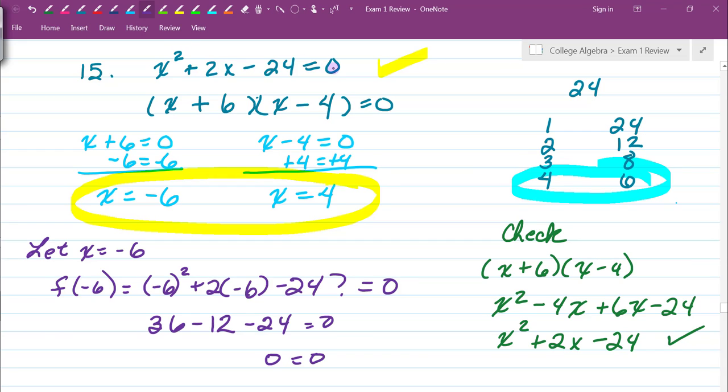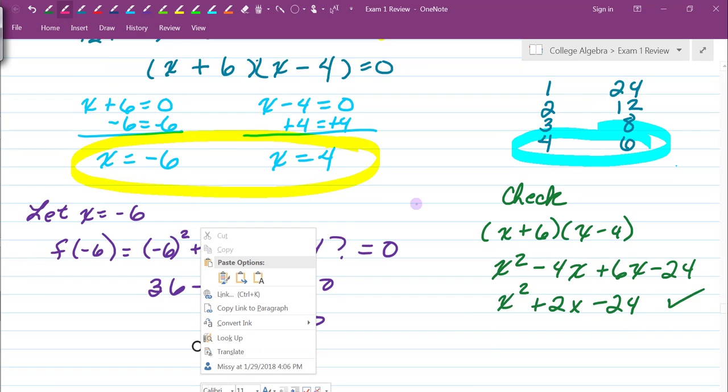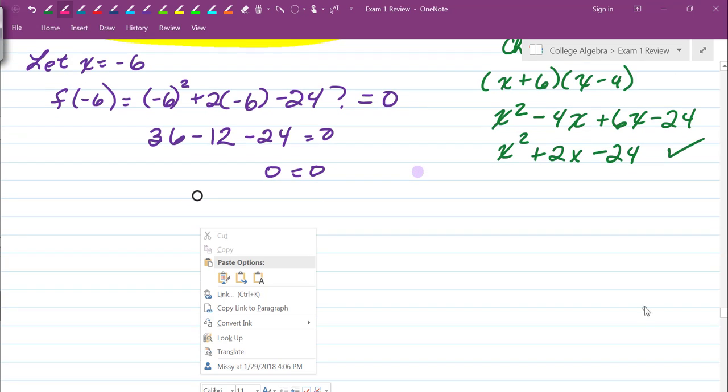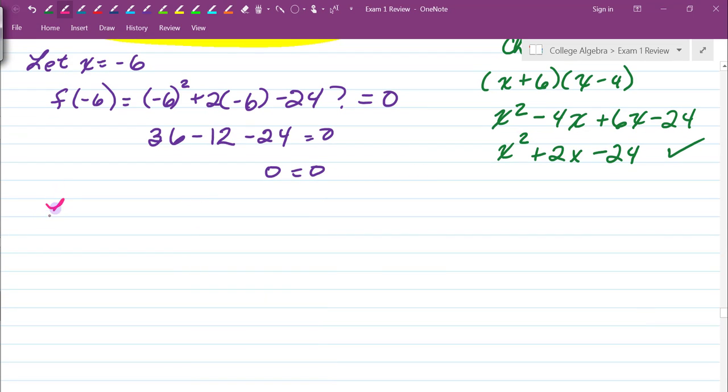Let's check the next solution, which was x equals 4. So let x equal positive 4.